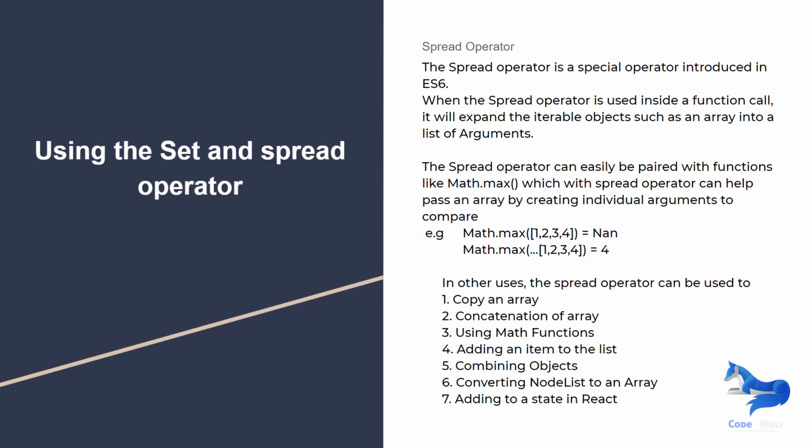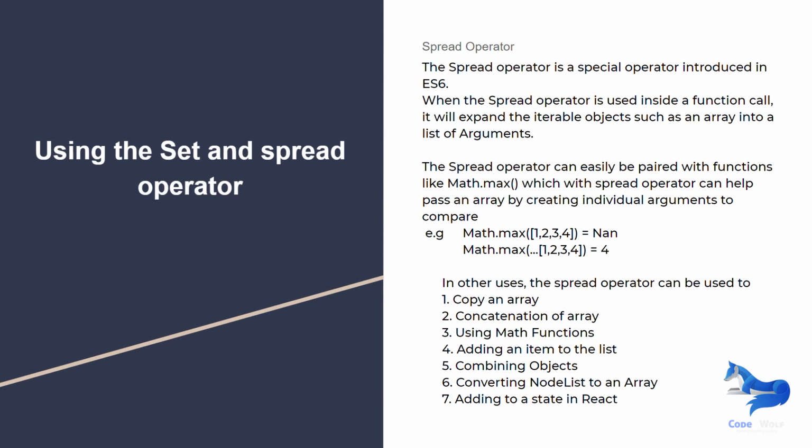Now, what are the uses of the spread operator? We can take these examples. We can copy an array. We can use it for the concatenation of arrays. We can definitely use it for math functions as we see in the example over here. And we can add items to the list.